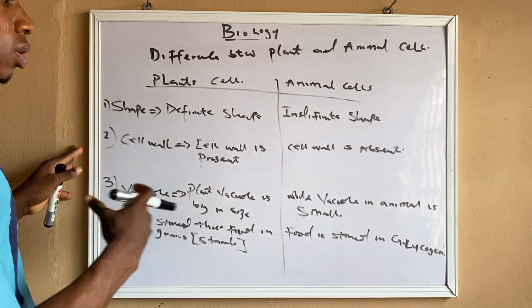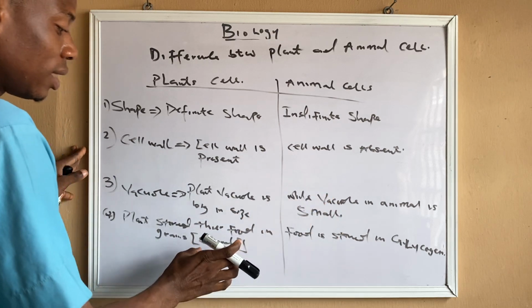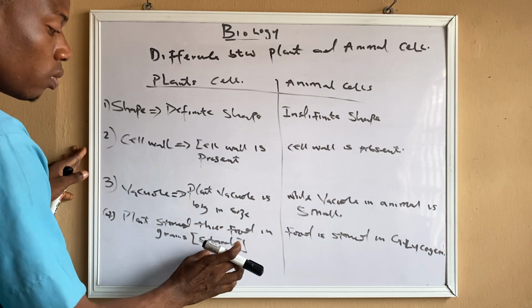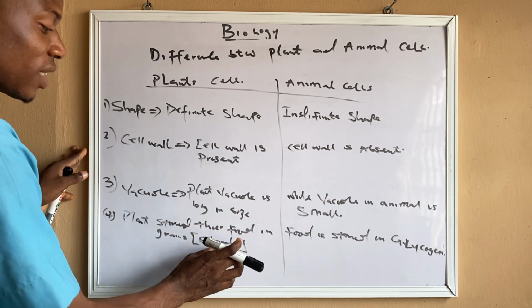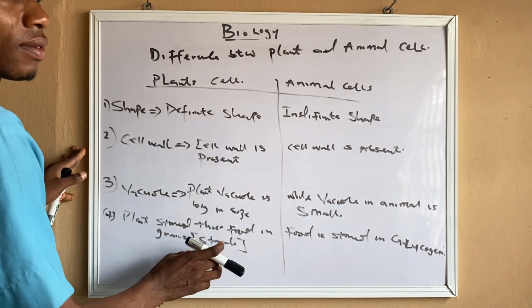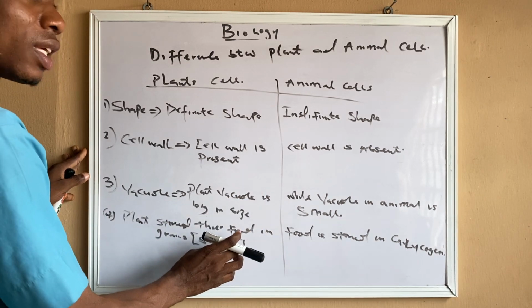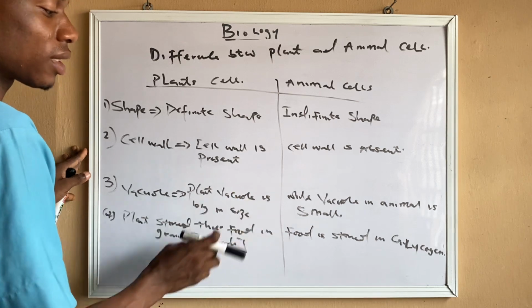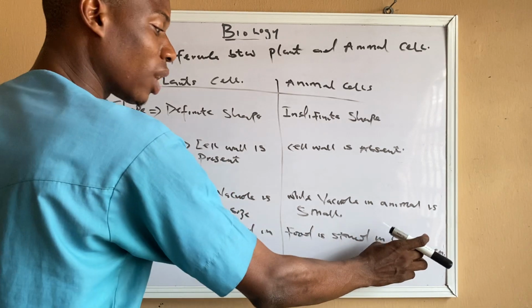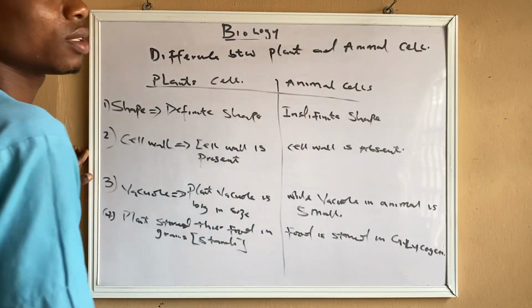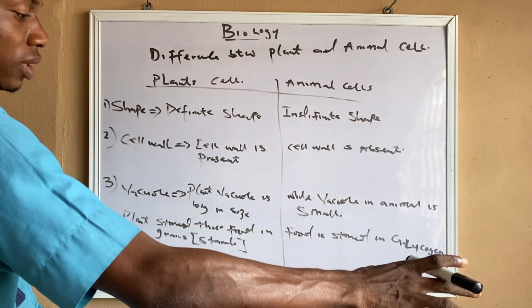So when we want to test, we usually test for starch in plants, and we usually test for glycogen in animals. They have different processes.